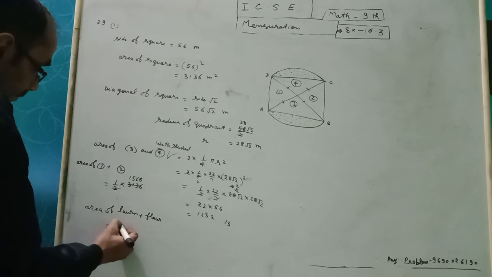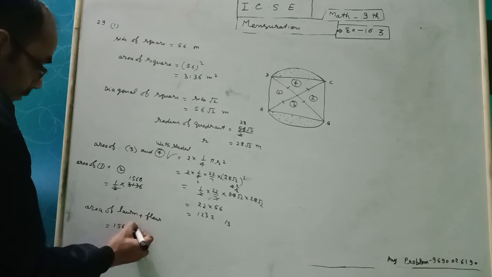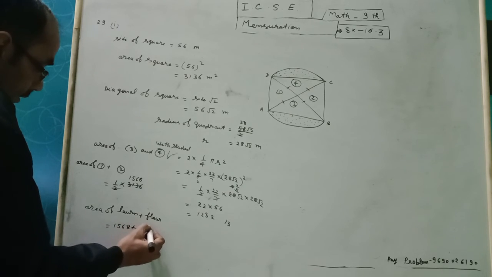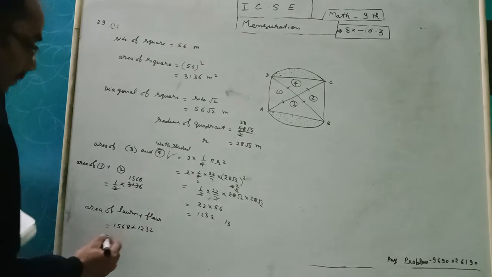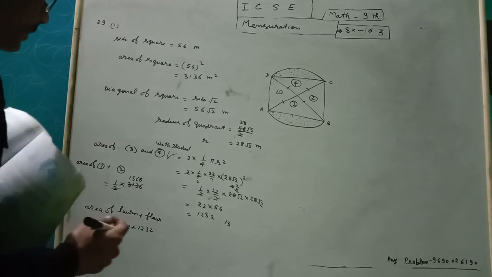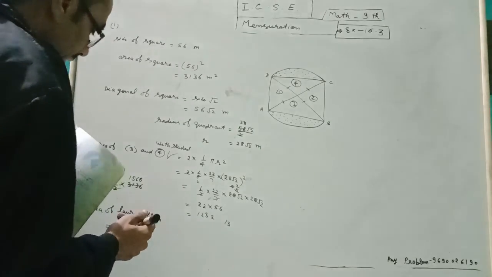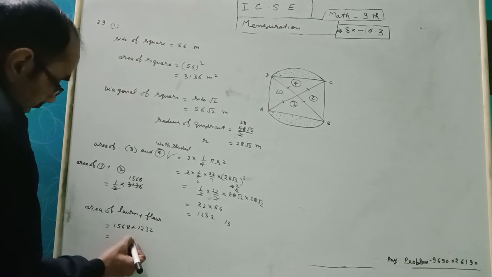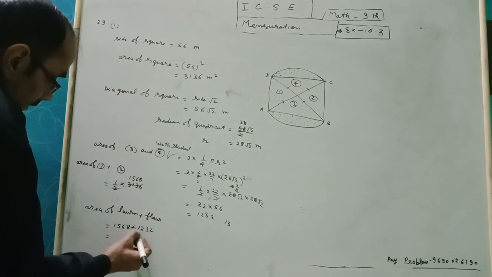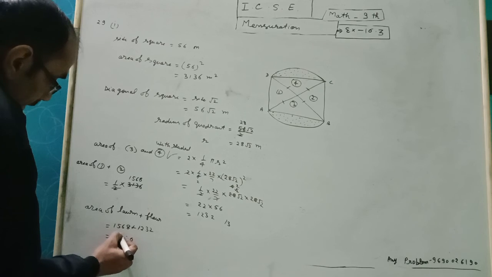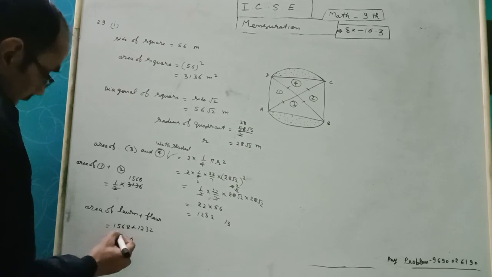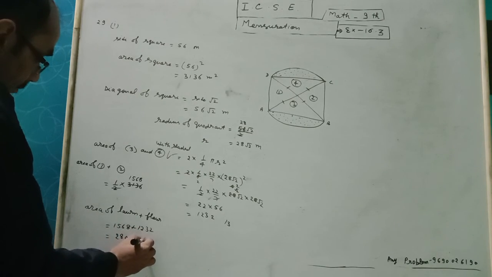Area of lawn is 1568 plus 1232 after multiplying, plus 28 meter square.